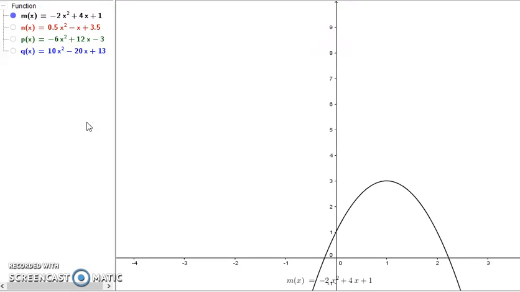Now, looking at this first family, that was where they had the same vertex. We're going to see four functions and see how those compare. Unfortunately, when I type a function into most programs, it always expands it for me. So you can see this is not actually in vertex form. So you could go ahead and complete the square to get that in vertex form, and notice that they all have the same vertex.